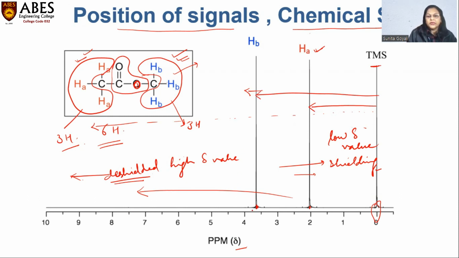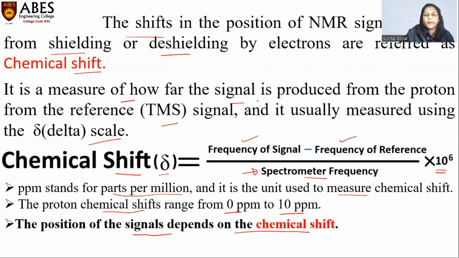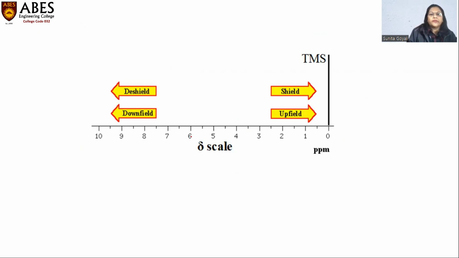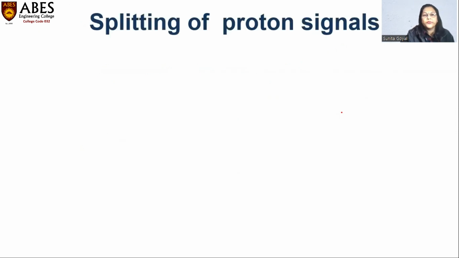So as the value of delta, that is the chemical shift... So in the last slide also, we have discussed that this left-hand side region is the de-shielded region for the protons and right-hand side is for the shielded protons. And TMS is at the most shielded region, for which delta value is equal to 0.